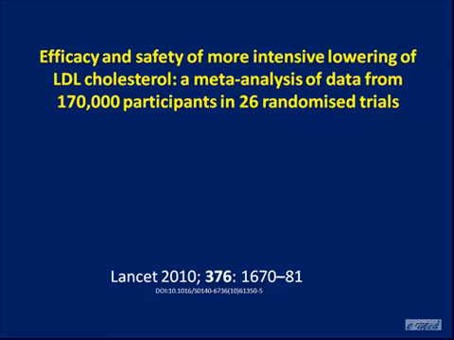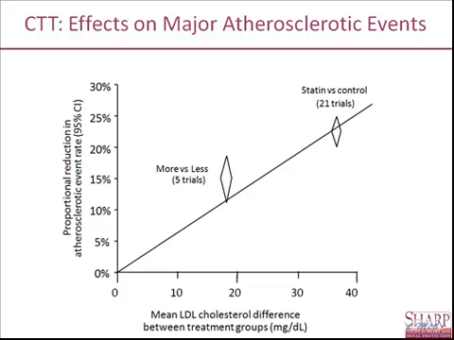A few weeks after the SHARP study was presented, the Lancet published a new meta-analysis, the CTT, Cholesterol Treatment Trialists' Collaboration meta-analysis. Now, in addition to the 90,000 patients that were published before, we have a total of 170,000 patients and 26 randomized clinical trials of LDL lowering, and we can look carefully at the SHARP results as extrapolated on the CTT meta-analysis.